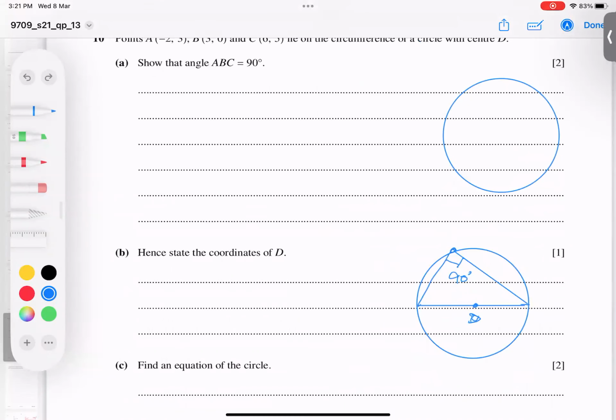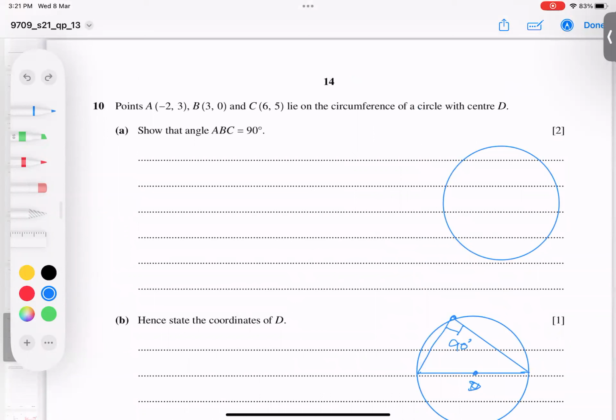So if we look carefully at where the points will be located, let me find A, B, C. This point is somewhere here: -2, 3.